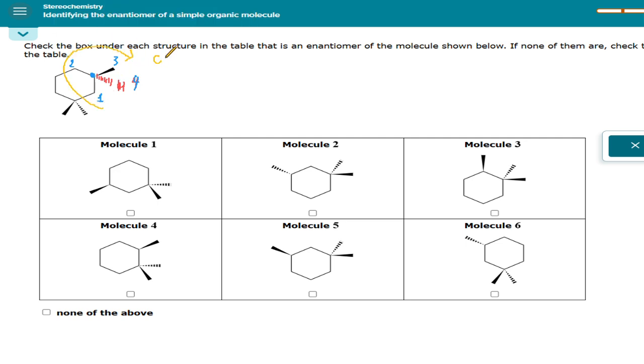So when it goes clockwise and the hydrogen is behind, so the hydrogen is dashed, that would be R. So remember that clockwise is R. That's the rule. And if it were anticlockwise or counterclockwise, it would be S.